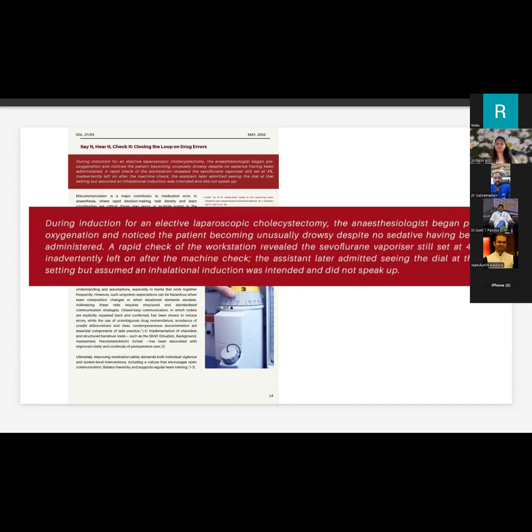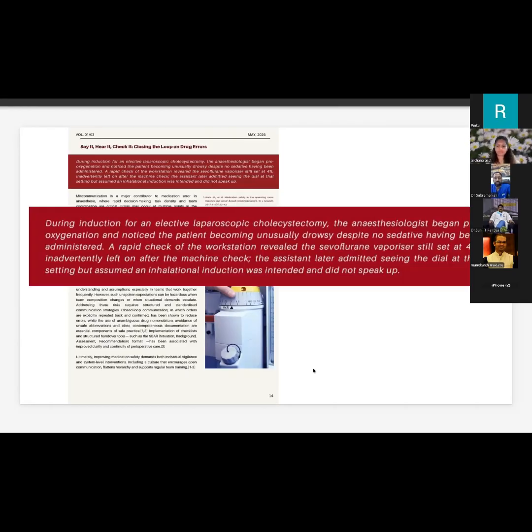A rapid check of the workstation revealed the sevoflurane vaporizer still set at 4%, inadvertently left on after the machine check. The assistant later admitted seeing the dial at that setting, but assumed an inhalational induction was intended and did not speak up. So this is the case scenario.